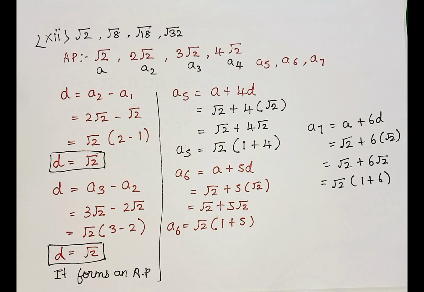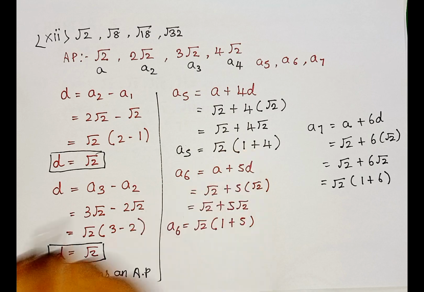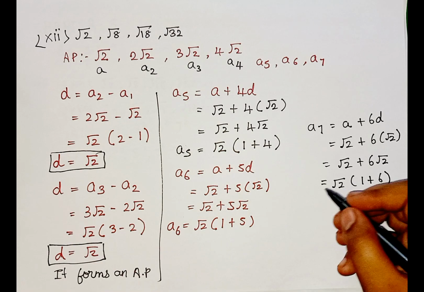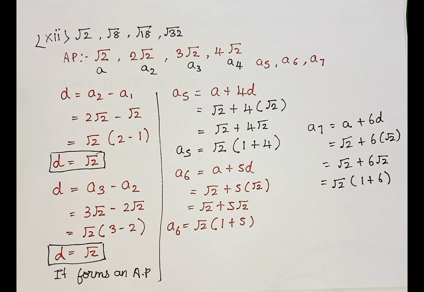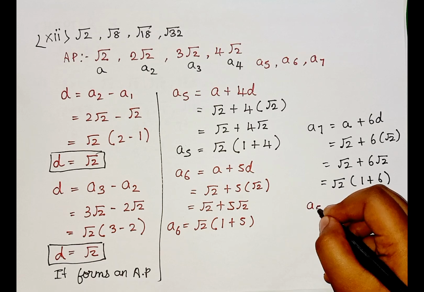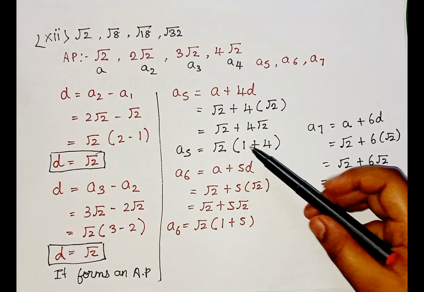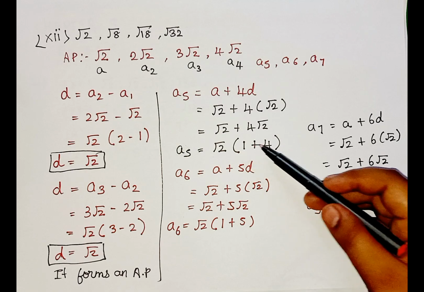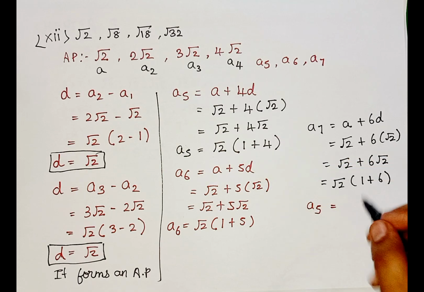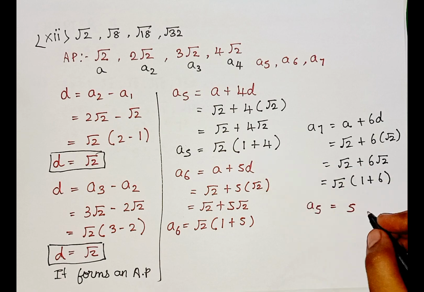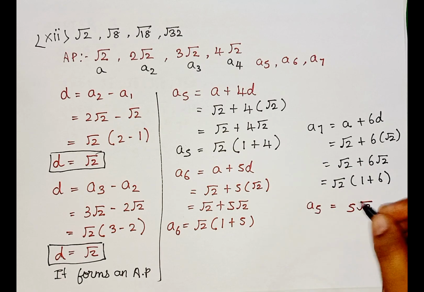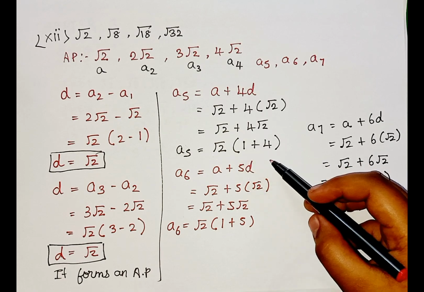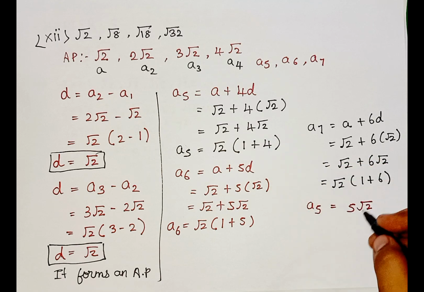Alright, so here finally we got a value, isn't it? But actually we didn't just solve it. So here for example, I'll write it here. A5 is equal to root 2 into 4 plus 1. 4 plus 1 is 5, isn't it? Since we got 5, we can write the root 2 as it is. Why? Because bracket means multiplication, so it is 5 root 2.